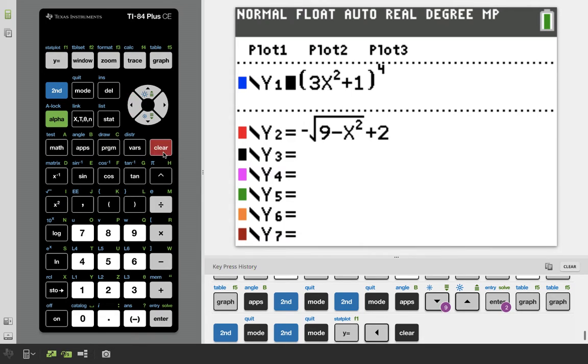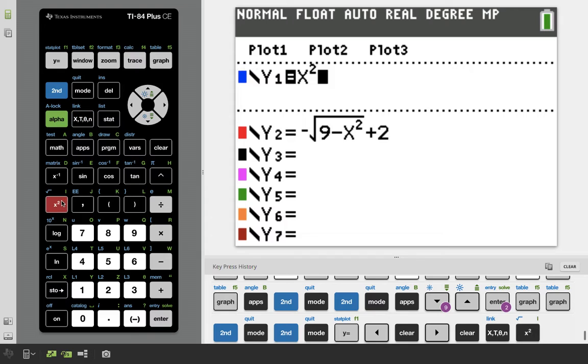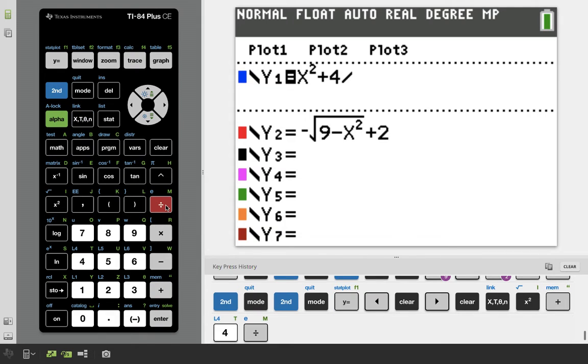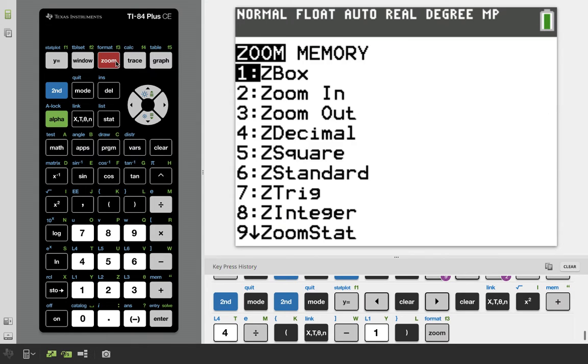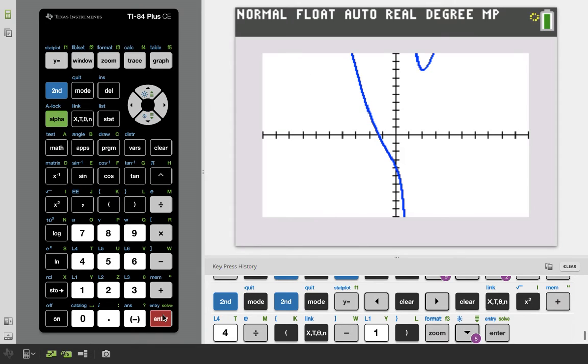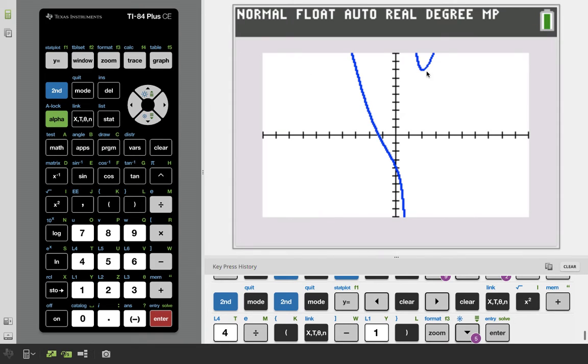Okay, that's clear. X squared plus 4 divide brackets x minus 1. And then maybe just try a standard, but if we've got a minimum at 8, oh, there it is. So like it just fits on.